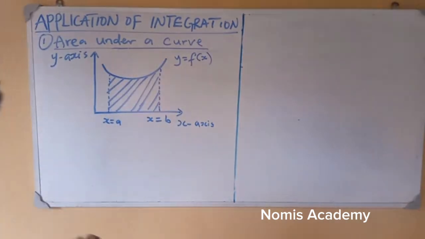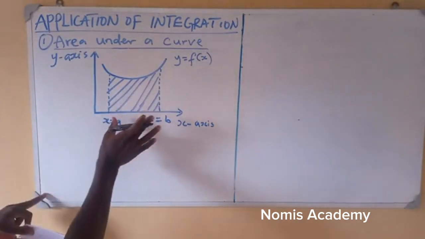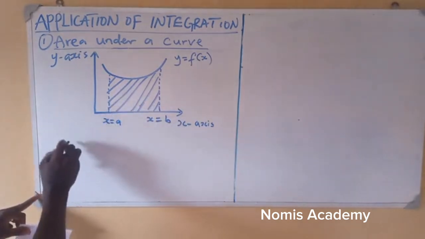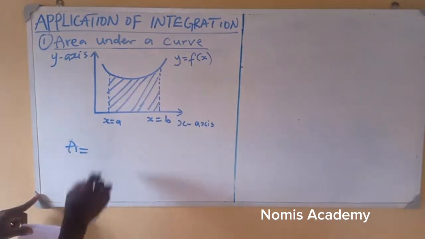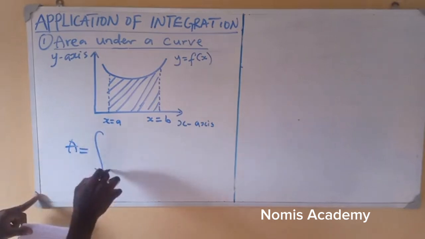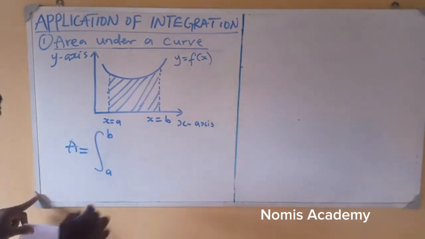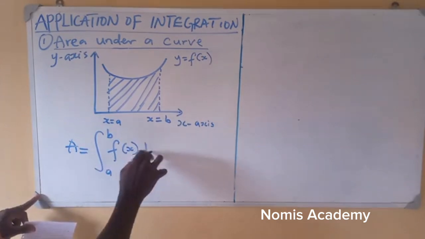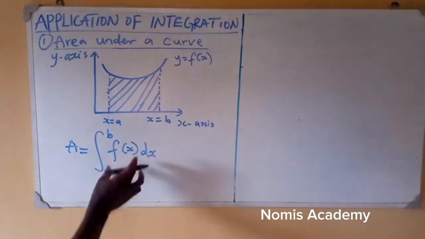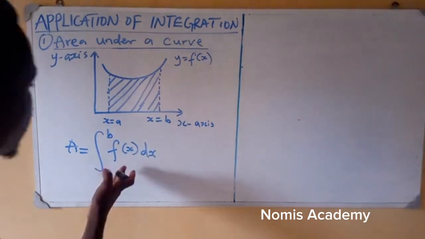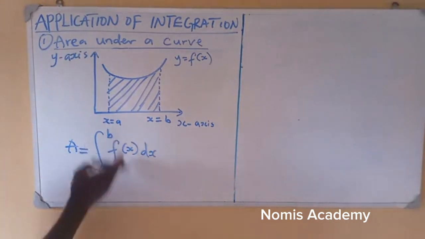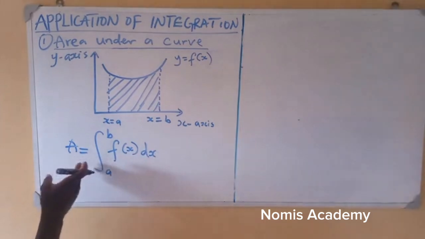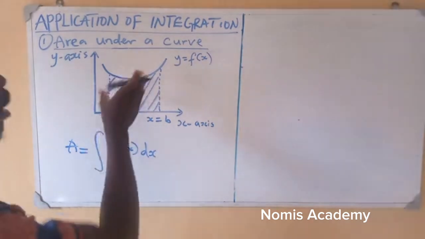Now it has been proven that the area under the curve is given by A equal to the integral from a to b of f of x dx. So when we know our function, we slot it in the integral and then find the difference between the limits. The real number is said to be the area under the curve.